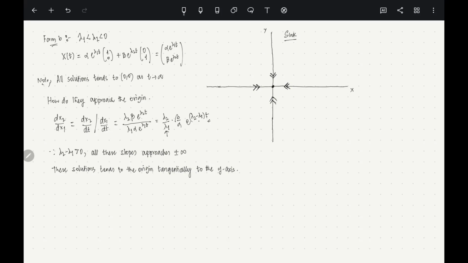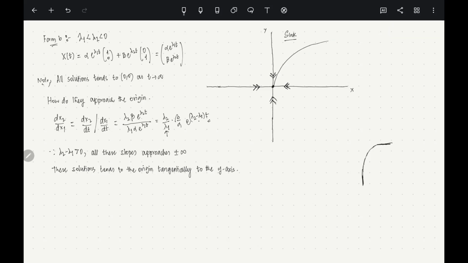So the slope is kind of parallel to the x-axis at minus infinity. And as t tends to infinity, the slope is parallel to the y-axis. You understand? So the curve should look like this, no? The curves will look like this.